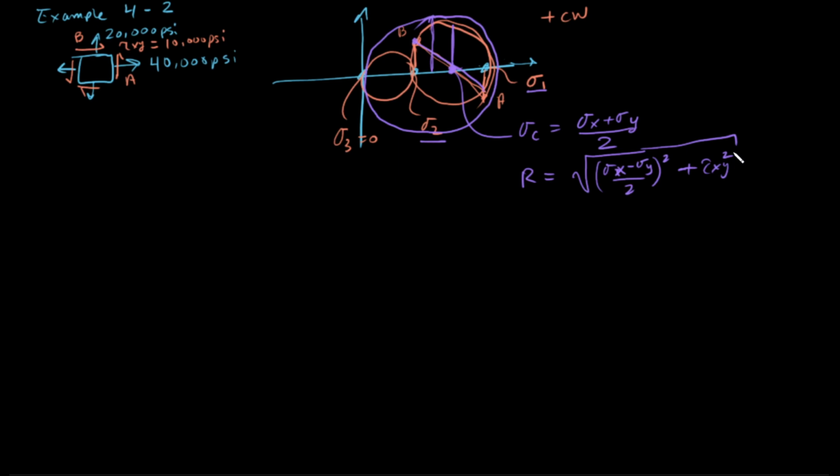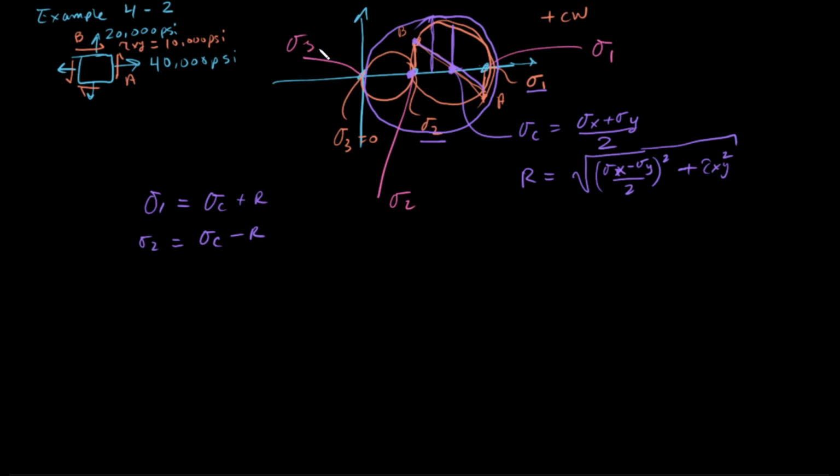And so sigma 1 is going to be my center plus the radius, and sigma 2 is going to be the center minus the radius, and then I have sigma 3.